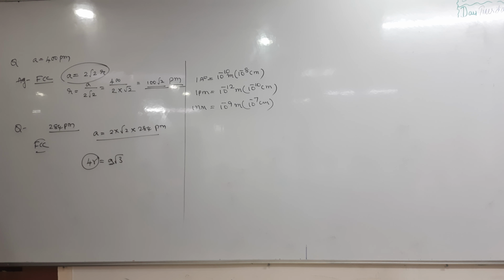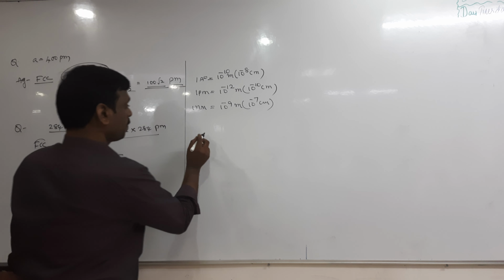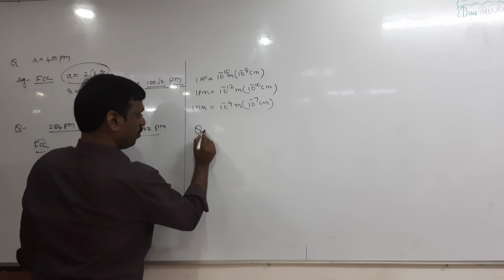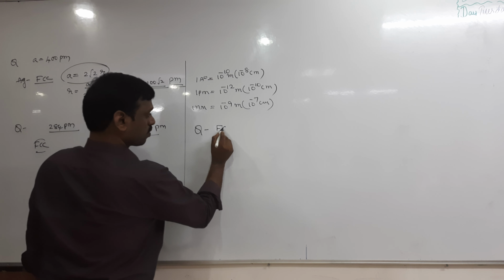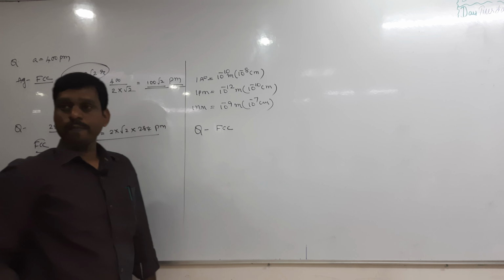The diameter of the metal is? Tell me, a unit cell crystallizes FCC, no? FCC.